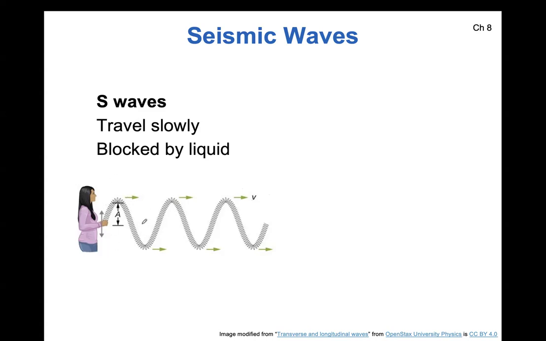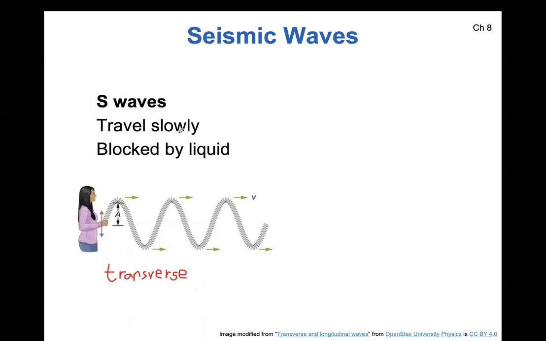So the S wave is also known as a transverse wave, and it's one of the two types of waves that are created in any solid due to an earthquake in this case, but really any output of energy in general.